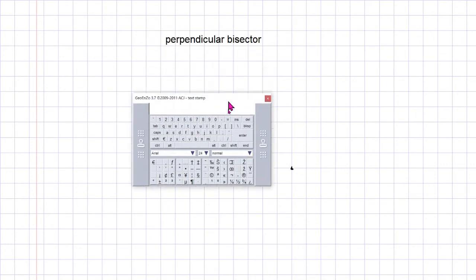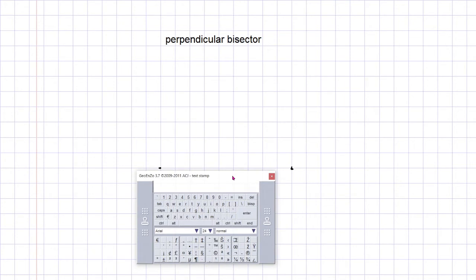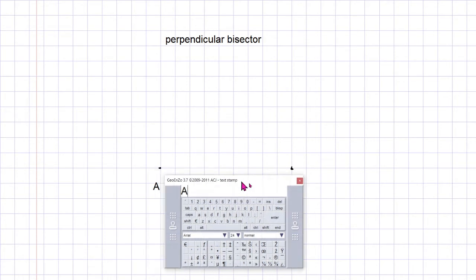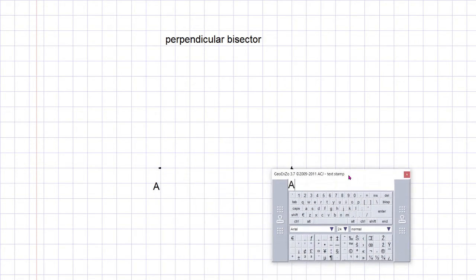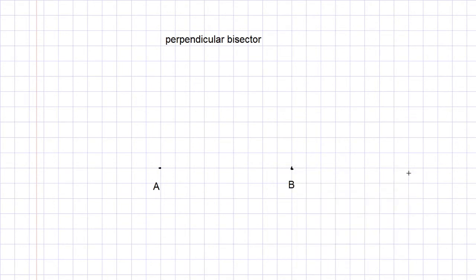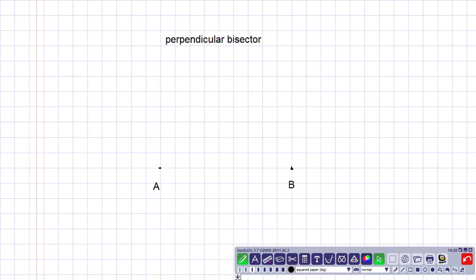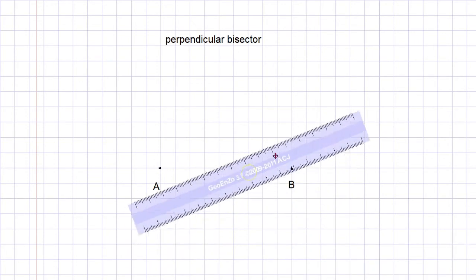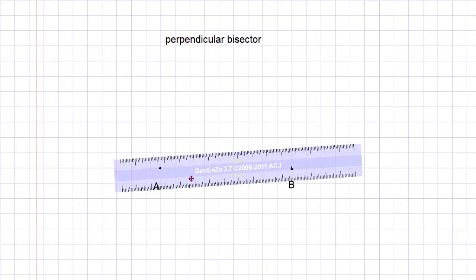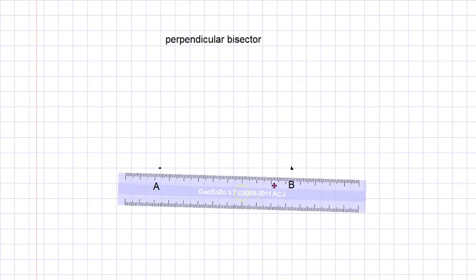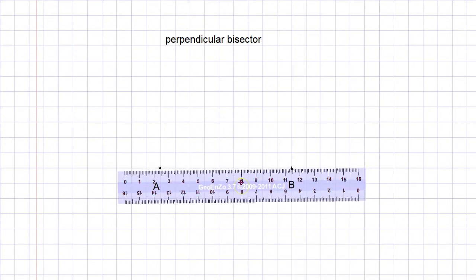I will name these fixed points A and B. A, another fixed point, B. I have to join these two fixed points using the ruler. Let's join these two fixed points using the ruler.